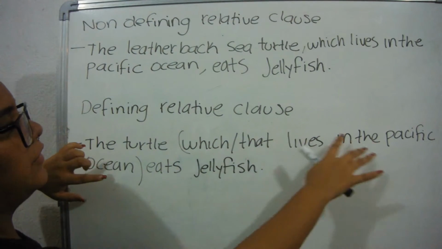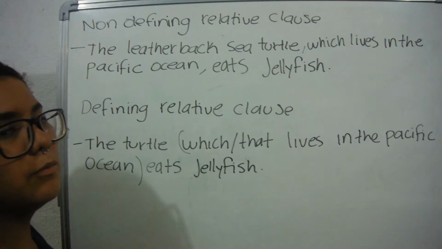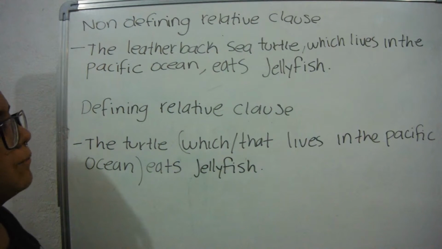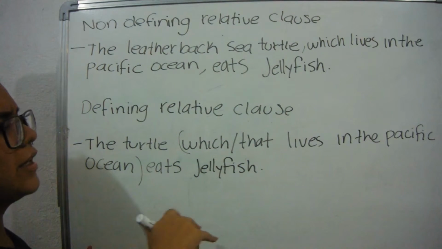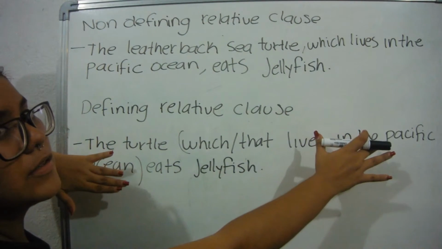The part of the sentence that we have in here doesn't go between commas like in the first one. And in the defining relative clause it means something different if we take out this part of the sentence.